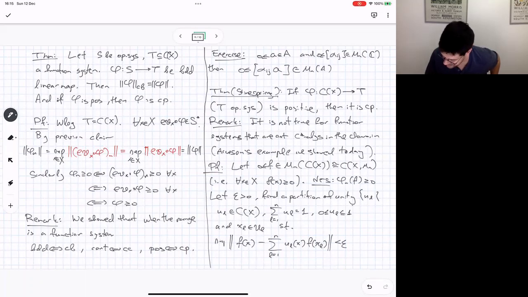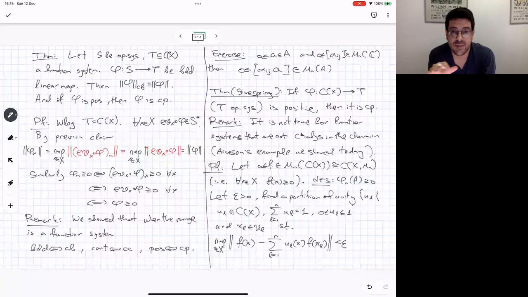So the idea is that we can approximate our function f by a step function, and you can do it using this partition of unity.